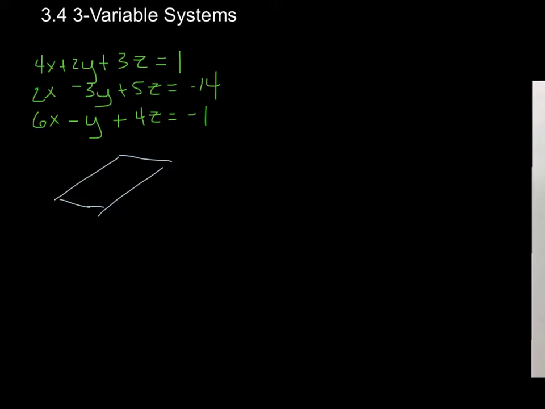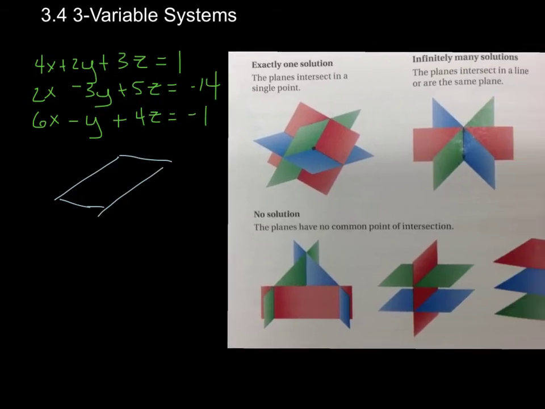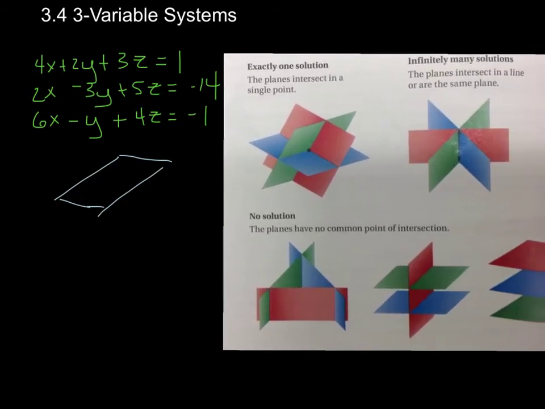You can think of a plane like a sheet of paper that goes infinitely in all directions. If I wanted to solve this by graphing, I'd have to actually graph all three of those planes, because each equation would give me a plane, and see where they intersect. I've grabbed the diagram out of your book, and I just wanted to show you a couple of things about it.